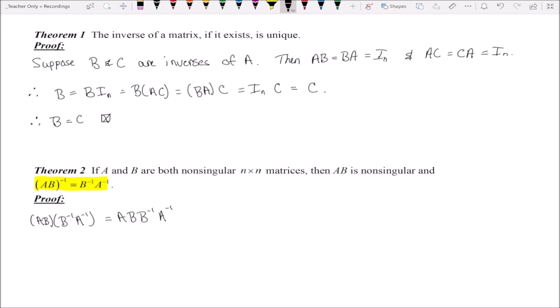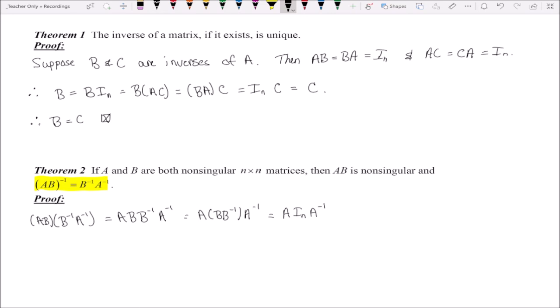Remember, as long as we do not change the order, the grouping doesn't matter. So we can write this as A times B B inverse, then times A inverse. Since B is non-singular, B times B inverse is guaranteed to be the identity, so we have A times I_n times A inverse.